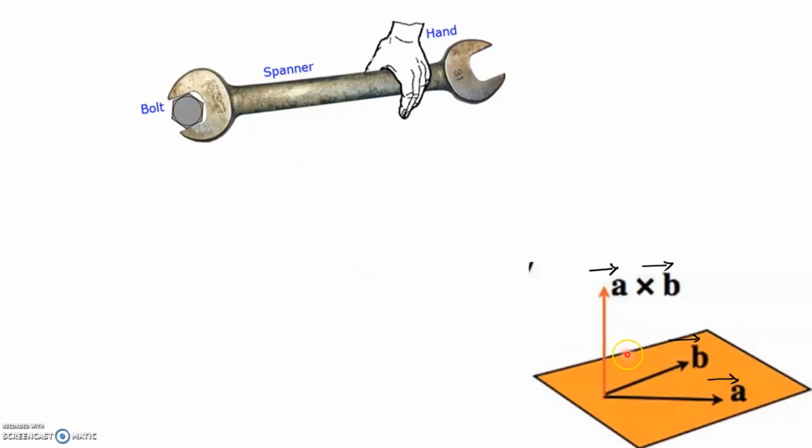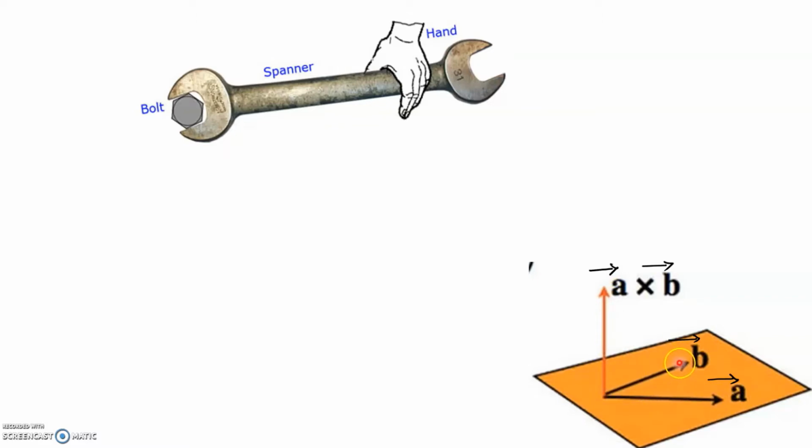All right. So if A and B are two vectors in a single plane, or if we can plot them on a single plane, then A cross B, which is the resultant vector, is perpendicular to both A and B.